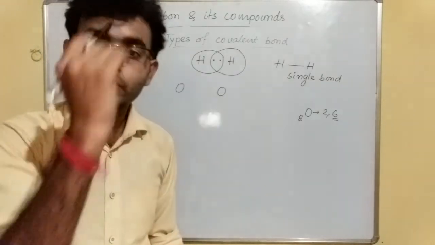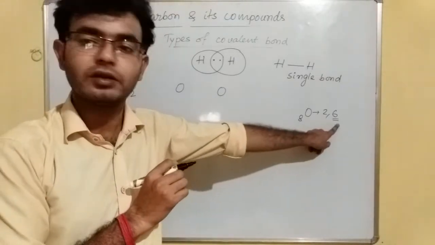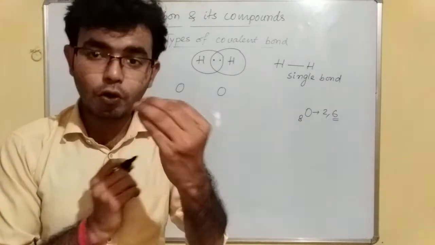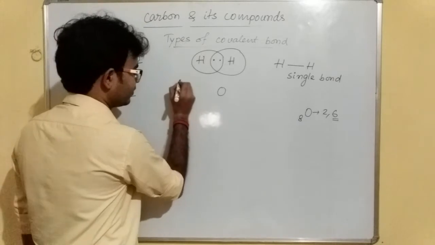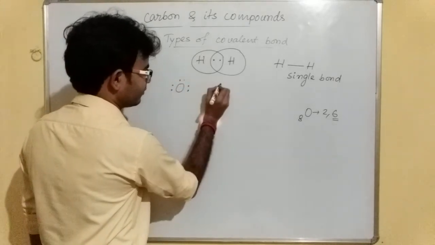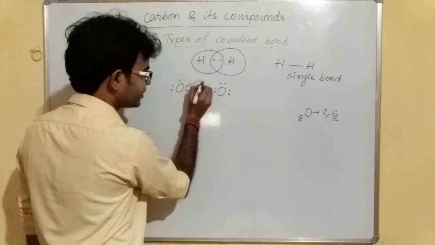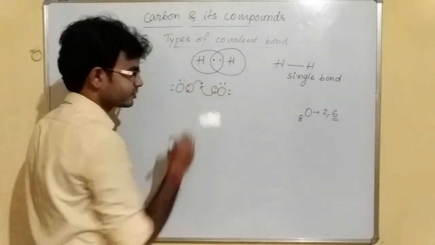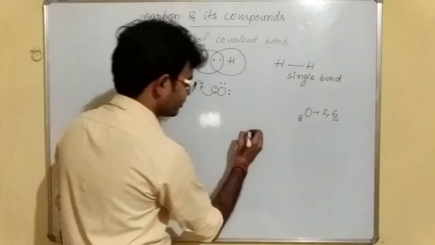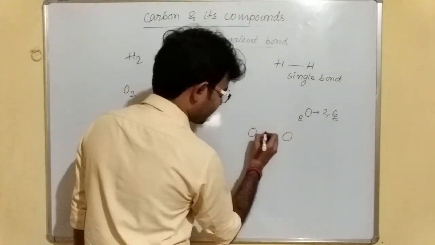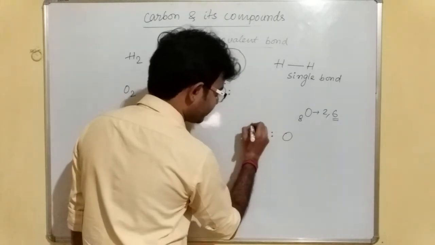It requires 2 more electrons to fill its octet. इसके लास्ट शेल में 8 इलेक्ट्रॉन करने के लिए और 2 इलेक्ट्रॉन की जरूरत है. So what will oxygen do? Each of these oxygen atoms will donate 2 electrons. Each of them donates 2 electrons. What will happen? They will form 2 electron pairs.